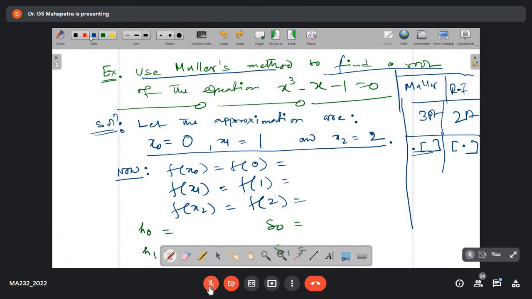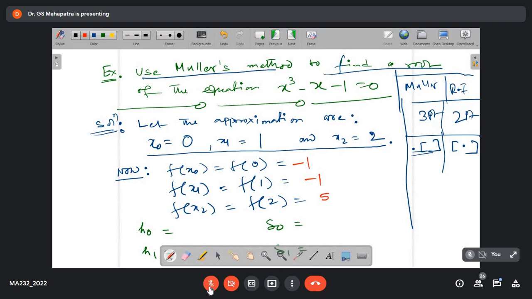I don't have any solution with me, so be careful. What is f of x1? Minus 1, fine. And f of x2, that means f of 2, what is that? 5.